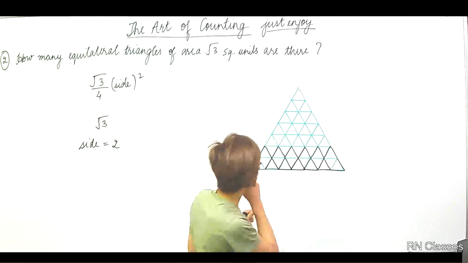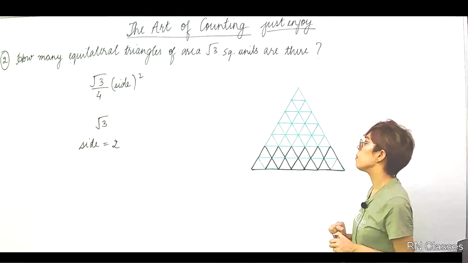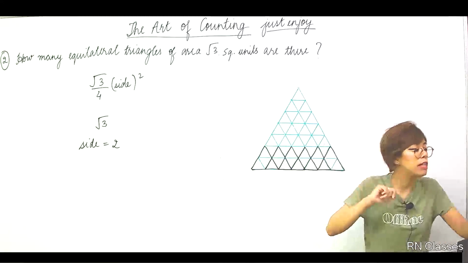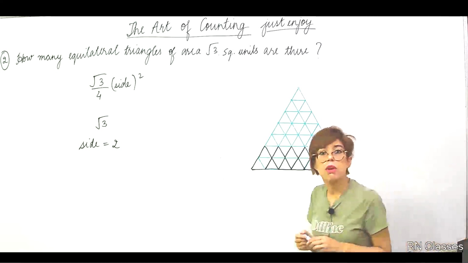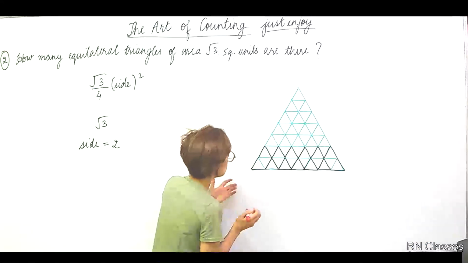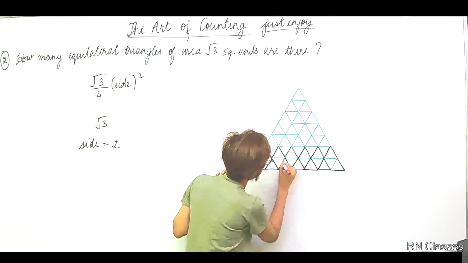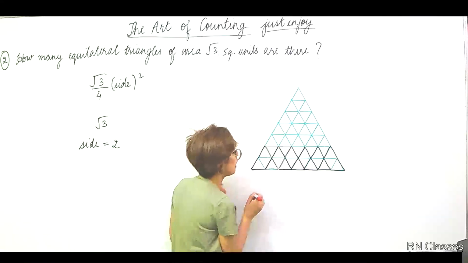Wait a second. Inverted वाली भी तो होंगी, वो तो काउंट नहीं करी मैंने. In this block, I will have some inverted equilateral triangles as well. I need to count those as well, right? So ढूंढे inverted. So this is one, right?